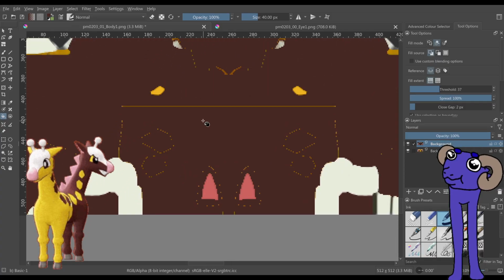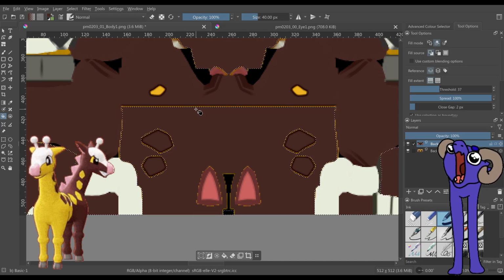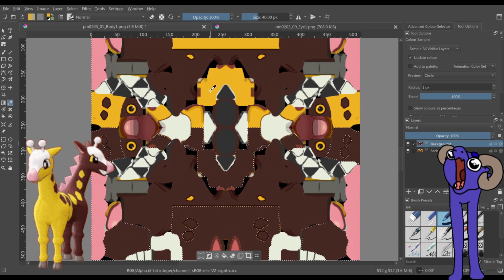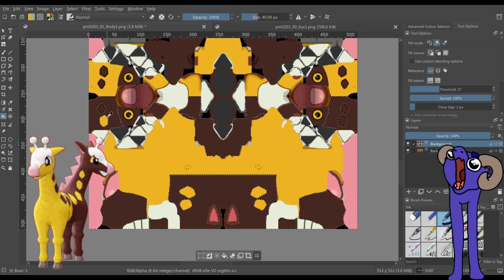Okay. Then we need to invert our selection, grab ourselves a yellow. I guess that's fine because it's not actually used by anything.